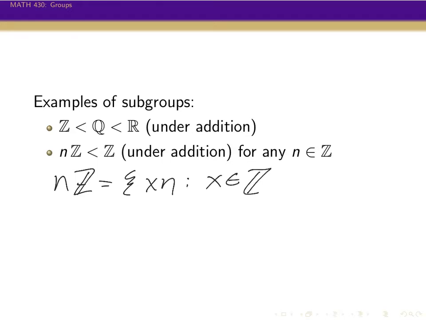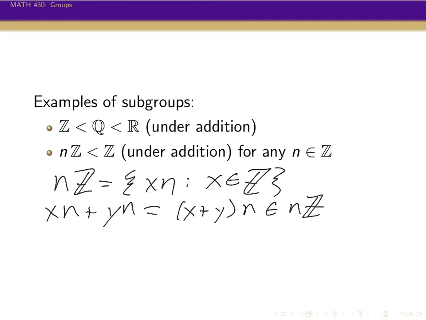So it's the set of all the multiples of n. So if you have x times n plus y times n, well then you end up with (x plus y) times n, and so that's still a multiple of n.